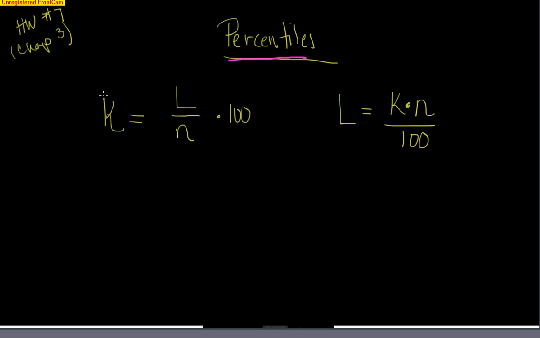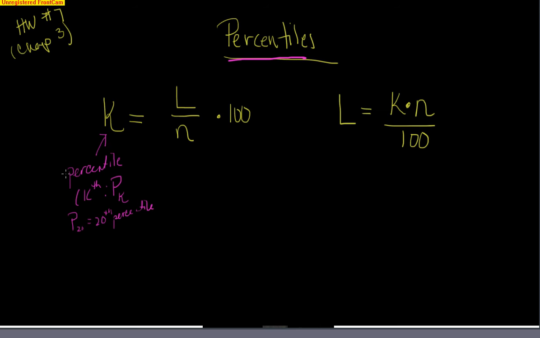I want to take a look now at a couple of formulas. For percentiles, we have two different formulas that we're going to be looking at. And I just want to go through what these letters represent. Right here, this K represents the percentile. In other words, the kth percentile, or sometimes we might see it written as P of K. So for example, P of 20 would mean the 20th percentile.